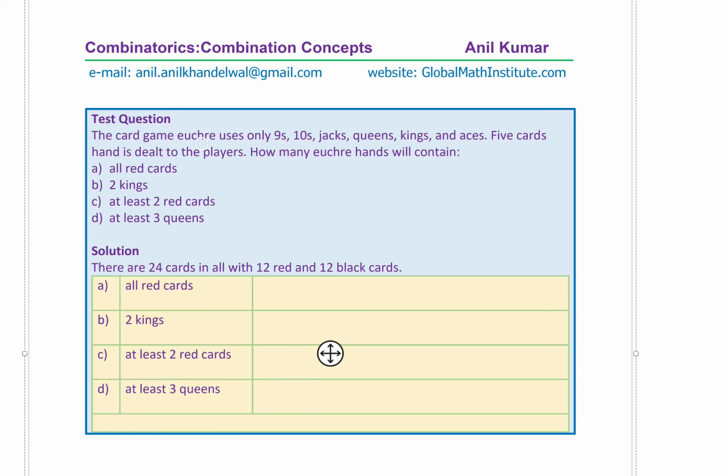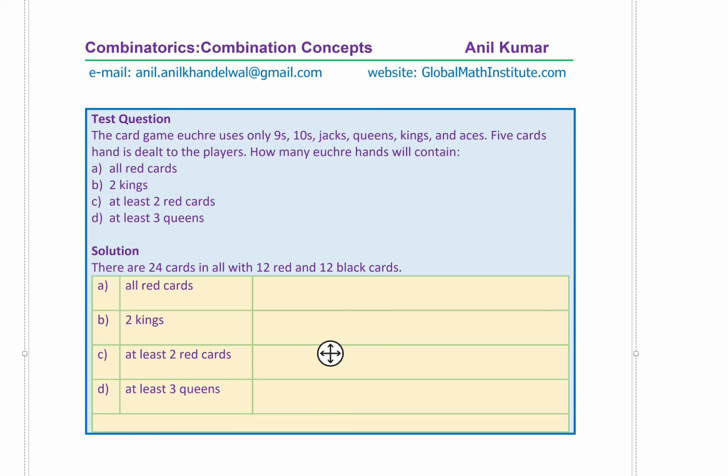The card game euchre uses only nines, tens, jacks, queens, kings, and aces, right? 6 ranks, and 4 of each. 5 card hands are dealt to the players. How many euchre hands will contain: all red cards, 2 kings, at least 2 red cards, at least 3 queens. These are the 4 different conditions which we are going to work on.